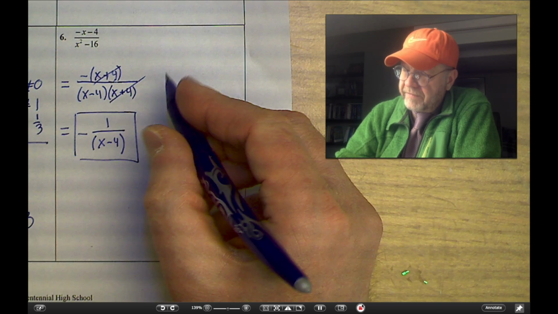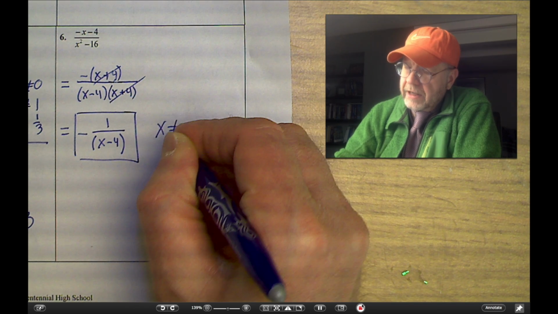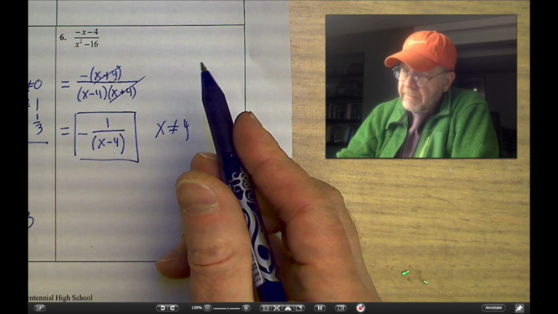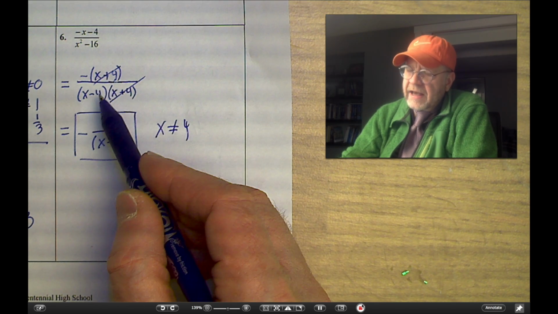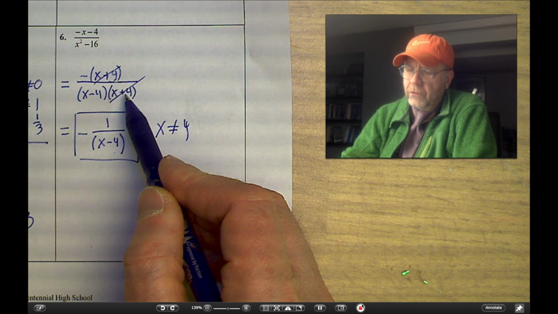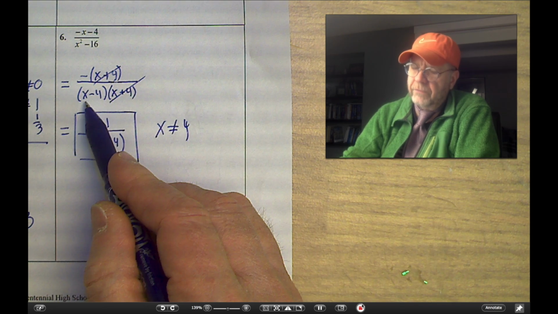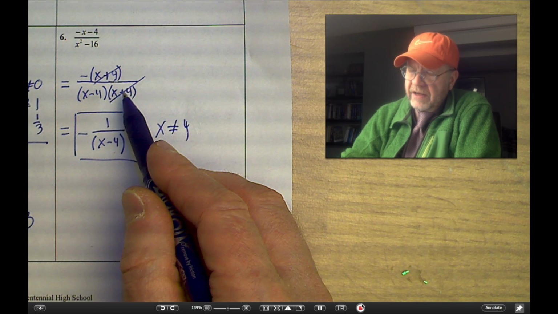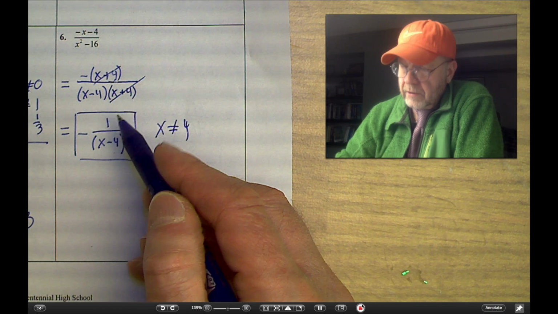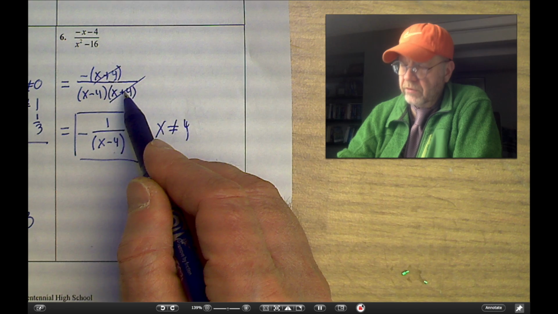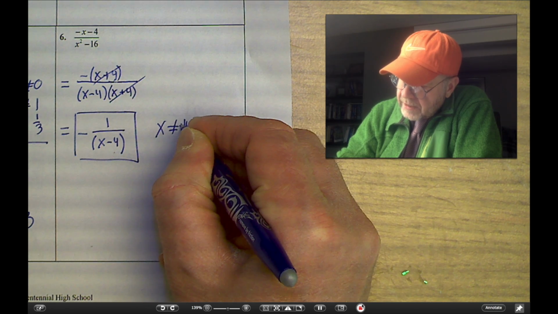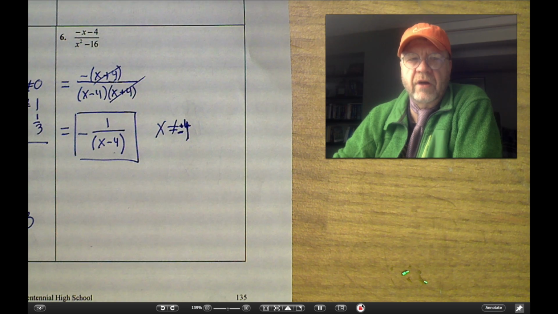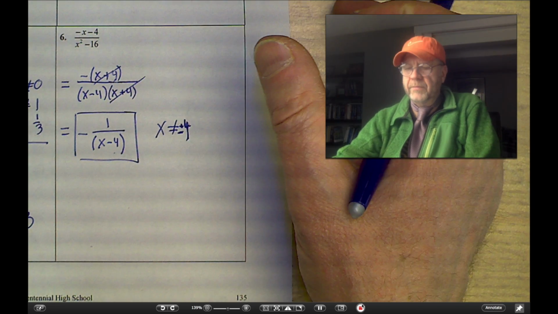My non-permissible values, well, x may not equal 4, of course, from here. But nor can x equal negative 4. Here's positive 4. Positive 4 minus 4 would be 0. 0 times this is 0. But if x were negative 4, then this part of the expression would be equal to 0. So x may not equal positive or negative 4. Those are my 2 non-permissible values.